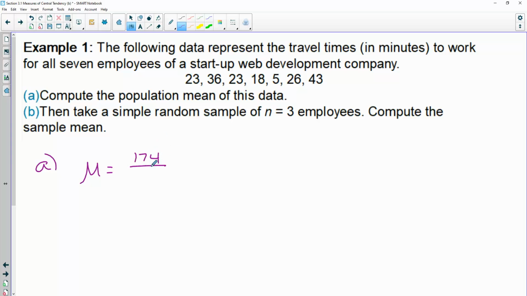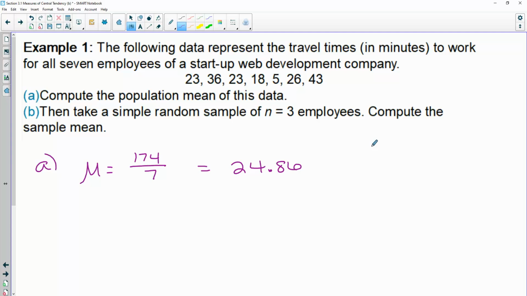And what would we divide by? Oh, that's a 7, because we have 7 employees. And our mean, 24 point, didn't work out perfectly. Let's at least keep a couple decimals. So our population mean, 24.86. So it takes approximately 24.86 minutes.